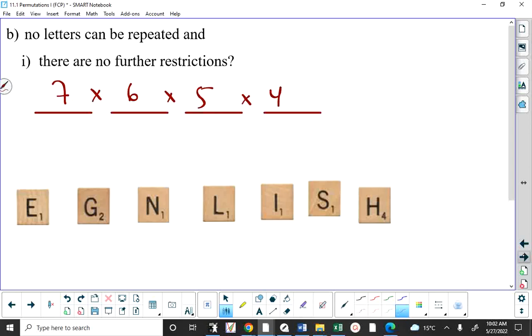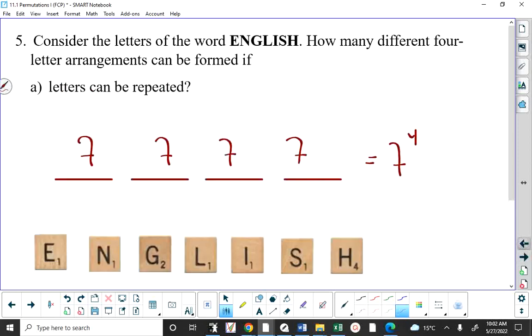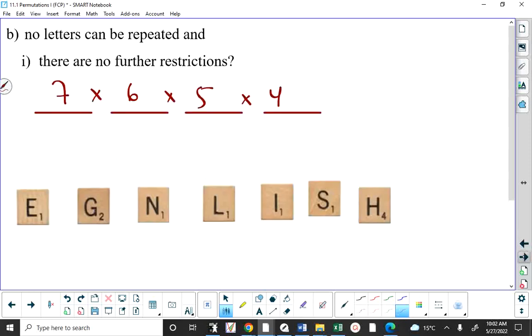And then 3 of the letters don't get chosen for each particular arrangement. And I hope you'll forgive me that sometimes I don't put the multiplication symbols in. I mean, we know the fundamental counting principle says you multiply. So 7 times 6 times 5 times 4, I want to say 840. Good. So there are 840.